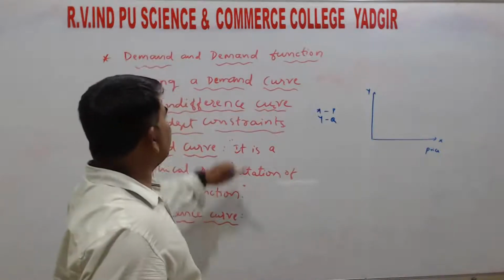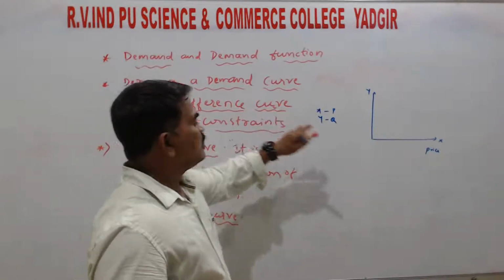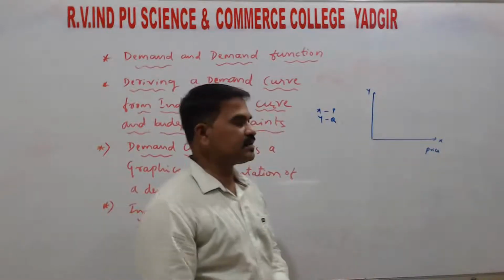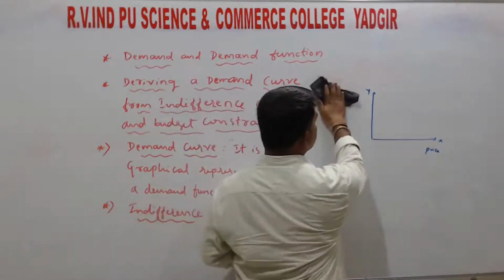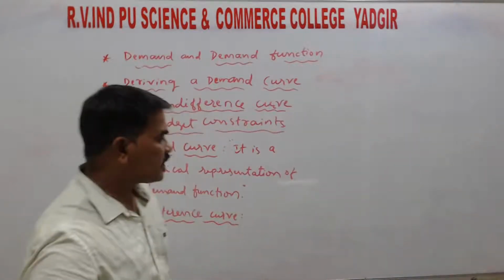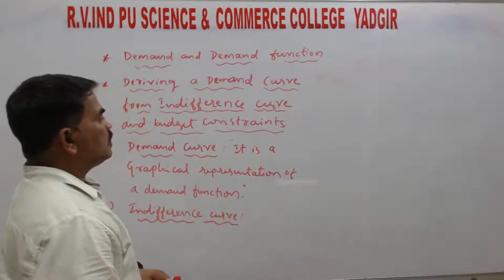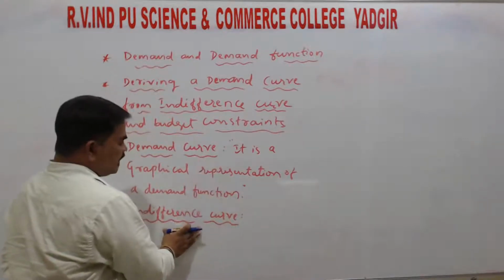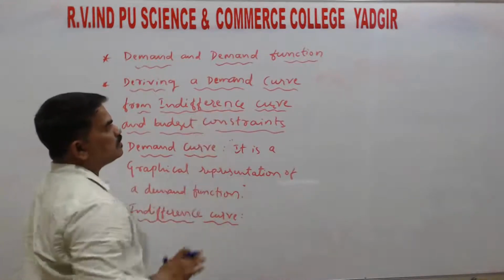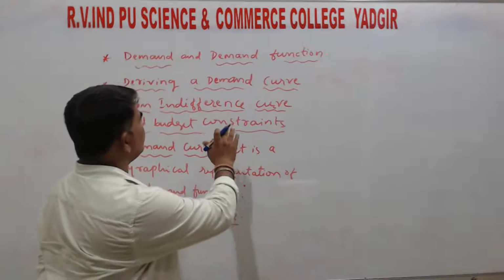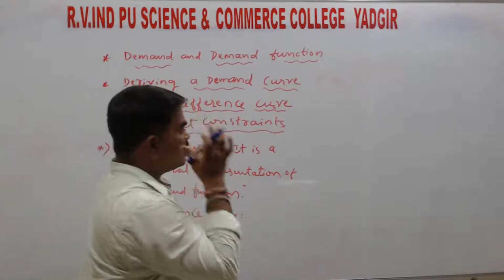Now, as we are discussing demand curve, this price comes in y-axis and quantity comes in x-axis. Now, I will take the help of indifference curves to draw demand curve. How we can derive this demand curve using this indifference curve?